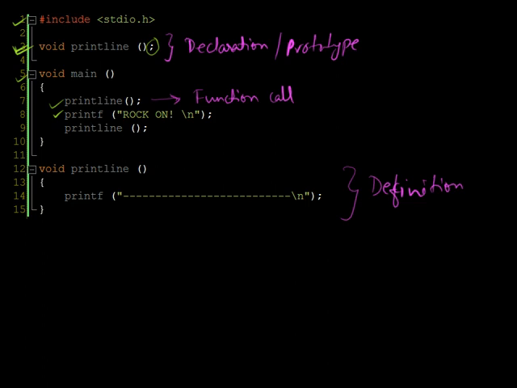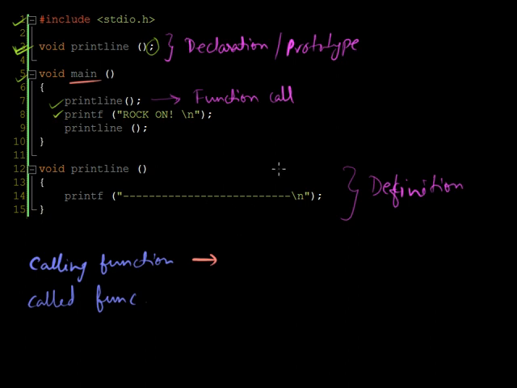Now a few things to be noted are the calling function and the called function. Let me write here calling function and the called function. Now you must have guessed correctly that the calling function, from where the call originates, is main, because this call is originating from the context of main.